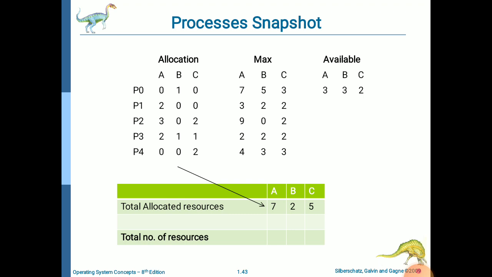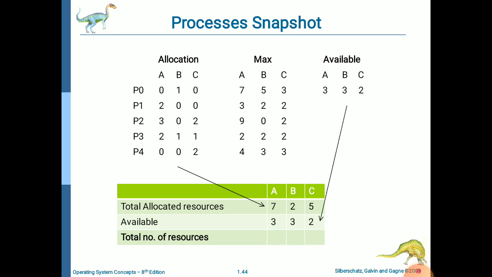If you sum up, you get 7. Similarly B: 1, 0, 0, 1, 0, which sums to 2. Similarly C: 0, 0, 2, 1, 2, which sums to 5.